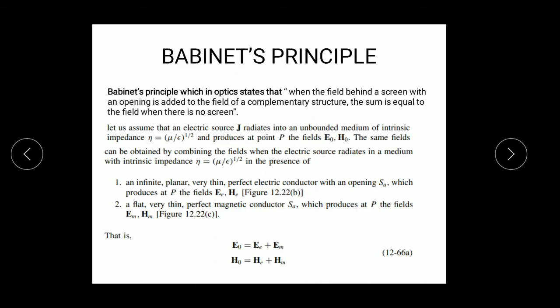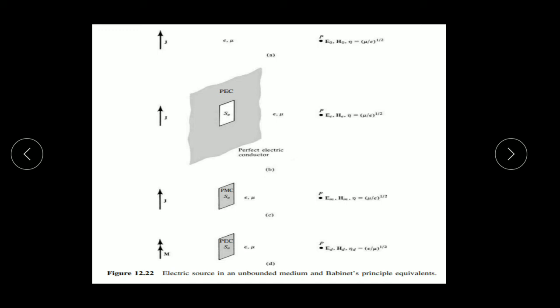And second, a flat, very thin, perfect magnetic conductor, which produces at P the fields E_m and H_m. So due to this perfect magnetic conductor, which is the complementary portion of the conductor, the fields are E_m, H_m, with the same intrinsic impedance.